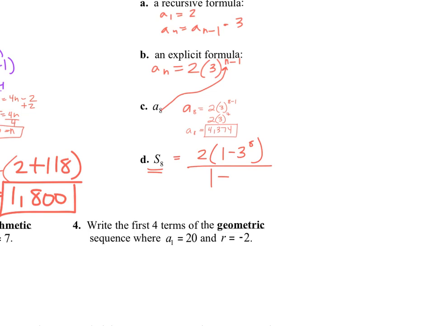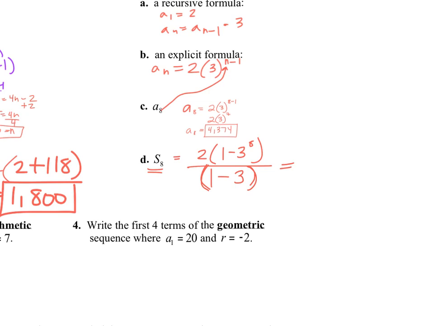Okay, so I just plugged it into this formula. Sorry, I didn't plug the ratio in. I just looked at the formula. That'll be a 3. And then you want to make sure that you put parentheses around that. If you forget these parentheses and you plug it all in, it doesn't work out.